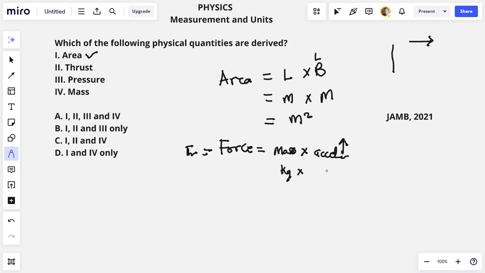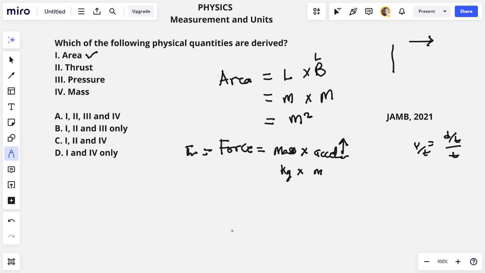And acceleration means velocity over time. And velocity on its own means displacement or distance over time. So in velocity, displacement or distance is measured in meter, which is a fundamental quantity. So in fact, thrust is a derived unit because if you open it up, you find other fundamental units in it.